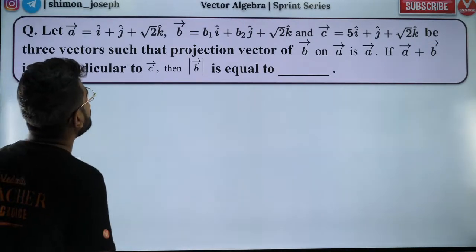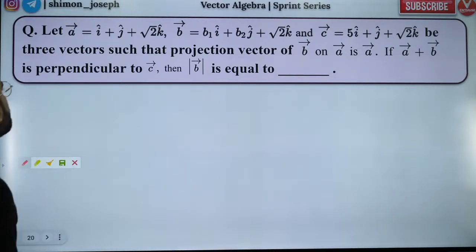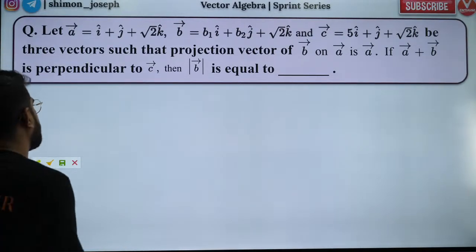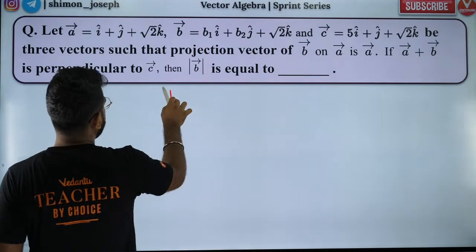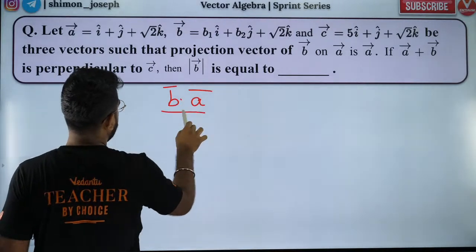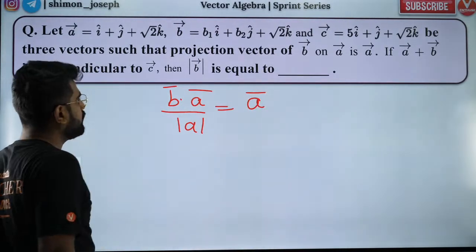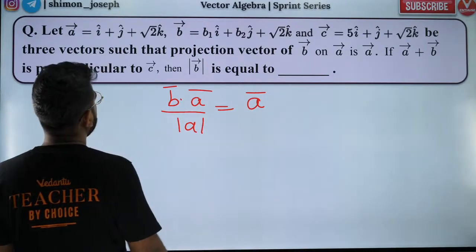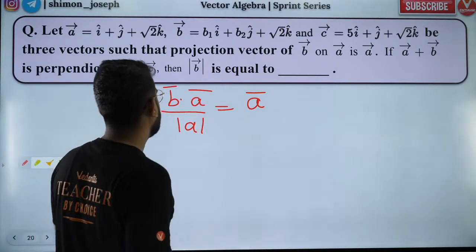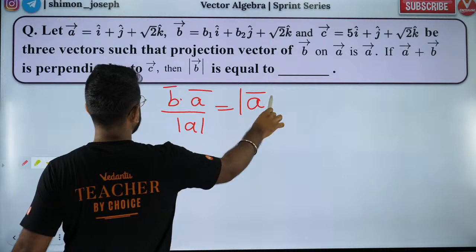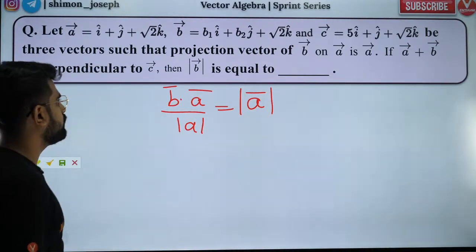So you have A vector, B vector, C vector such that projection of B on A is A. That means projection of B on A, which is B dot A by mod A, is equal to A vector. Did you all like it?